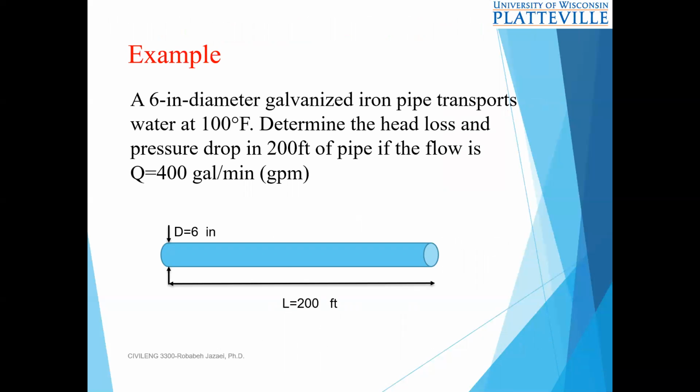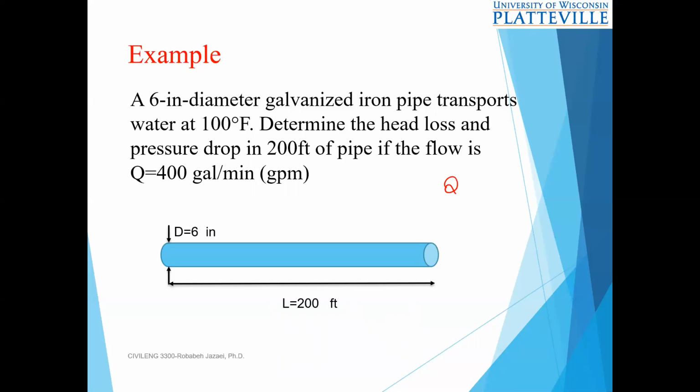A 6-inch diameter galvanized iron pipe transports water at 100 degrees Fahrenheit. So the diameter, the pipe material, and the water temperature are given. Determine the head loss and the pressure drop in 200 feet of pipe if the flow is 400 gallons per minute.